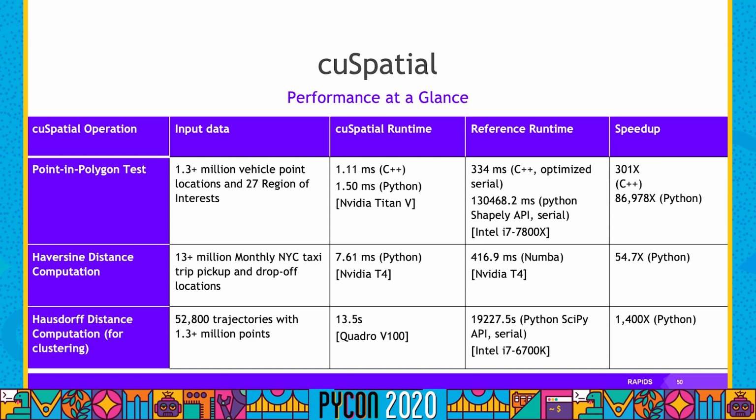It took 416.9 milliseconds. The cuSpatial runtime using Python built on top of the underlying CUDA and libcuDF++ libraries, 7.61 milliseconds. So even going GPU to GPU, we see a 54.7 times speed up in cuSpatial versus the reference runtime. Even more if you're going from SciPy.